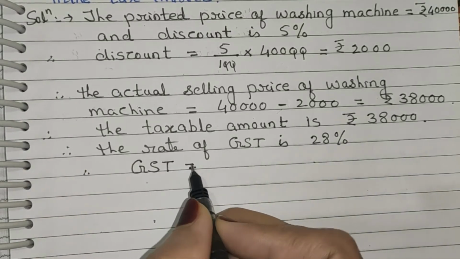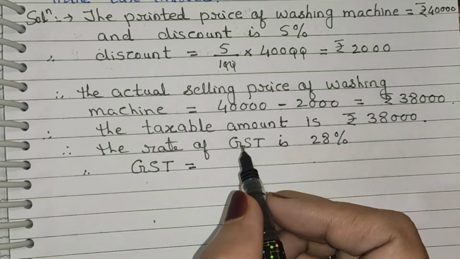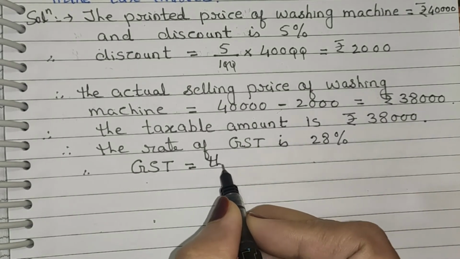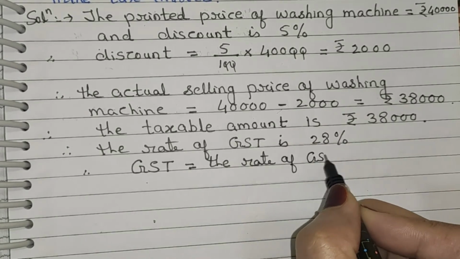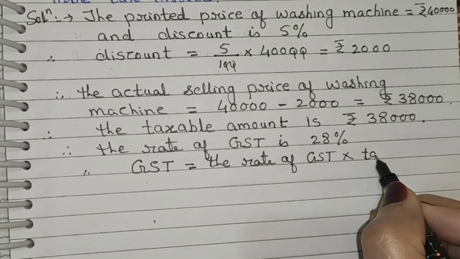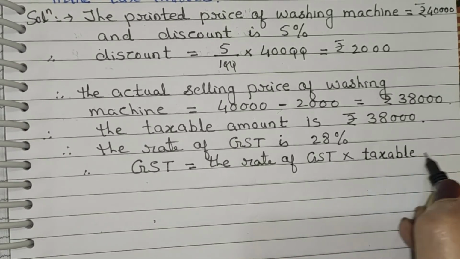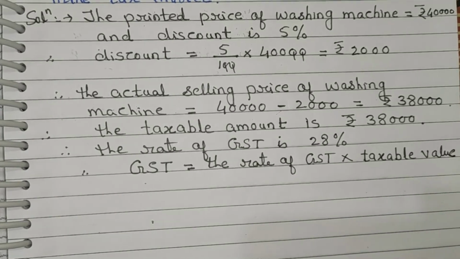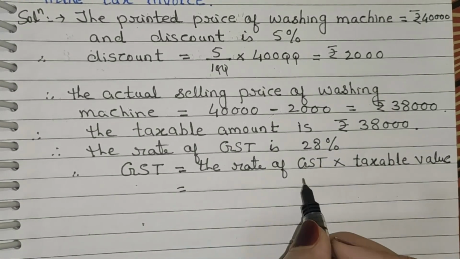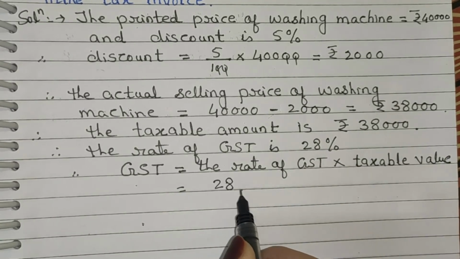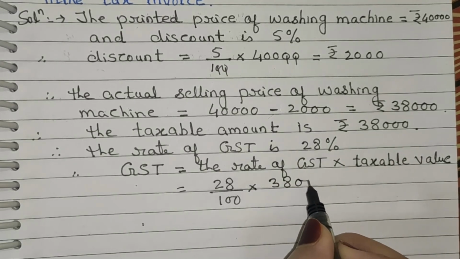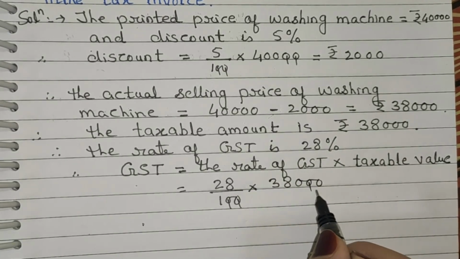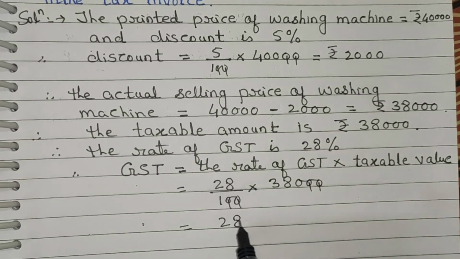Now GST is equal to the rate of GST into taxable value or taxable amount. Therefore, the rate of GST is 28%. 28 upon 100 into, now the taxable value is 38,000. 100 cancel. Now we get here 28 into 380.